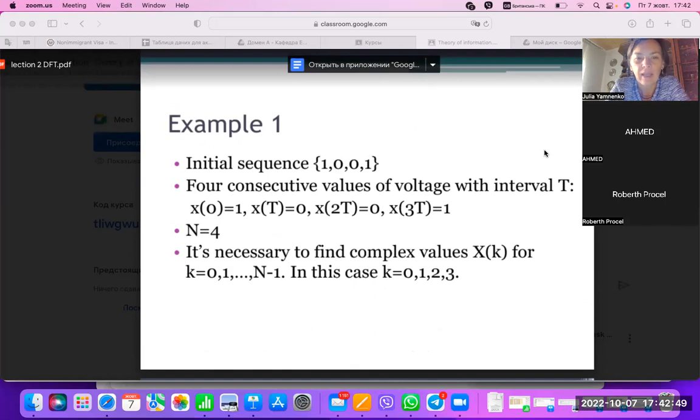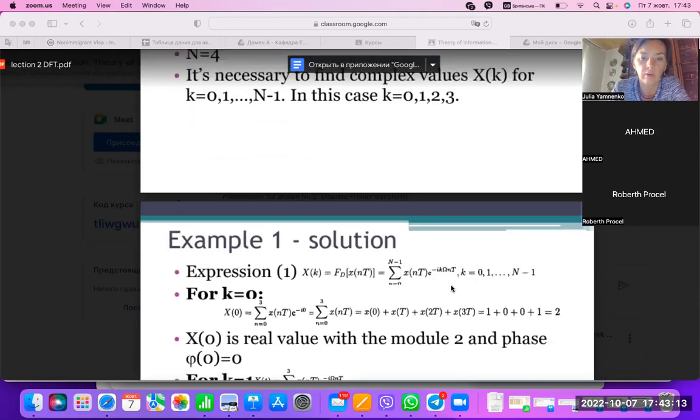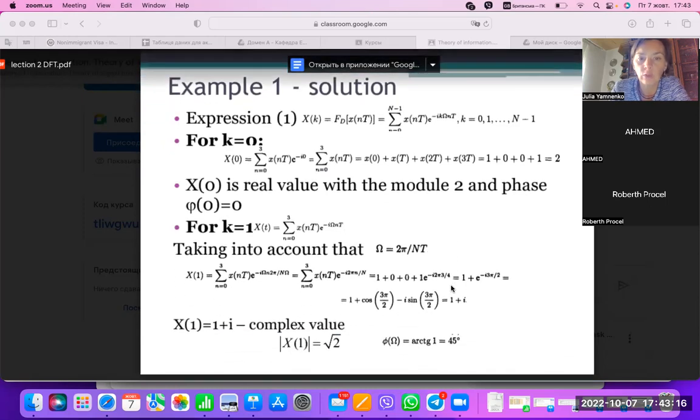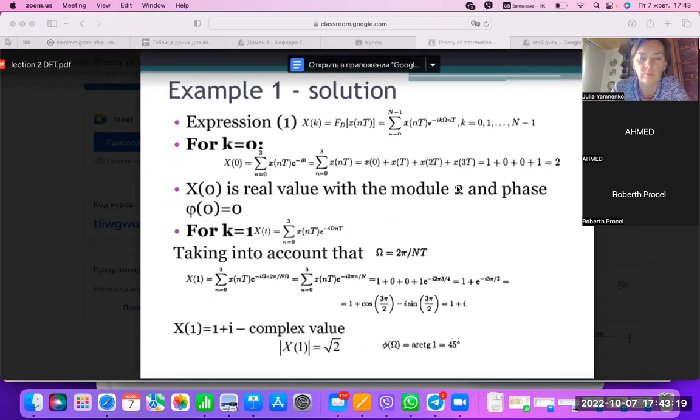Example number 1. 4 values of the initial sequence: 1, 0, 0, 1. It means that the amount of values N equals 4, and the counter k, the counter of spectrum components, takes the values 0, 1, 2, and 3, totally 4 numbers. And now we have to find the Fourier spectrum from expression number 1, which is repeated here again: X from k equals, and so on.